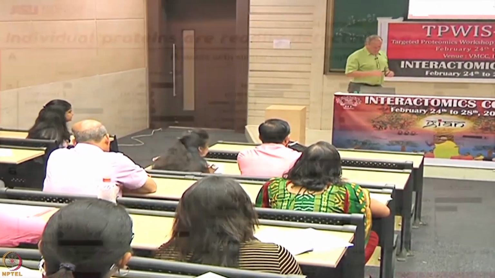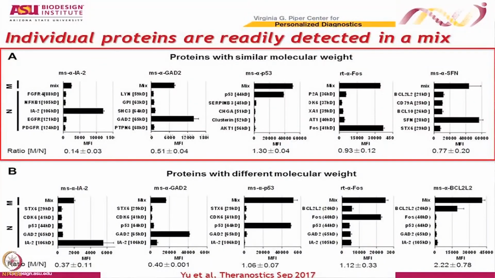Okay. All right, so let me walk you through this experiment. On the top where it says M, that stands for mixed NAPPA or multiplex NAPPA, we printed a mixture of 5 genes and then expressed them.